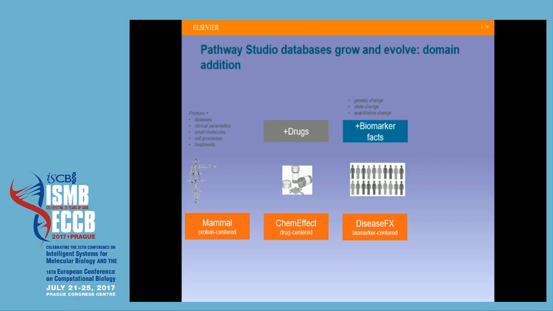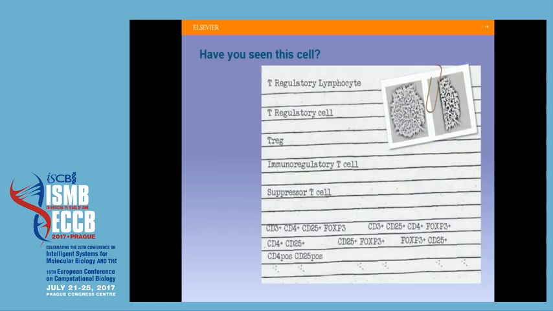More recently, we have this cell effect module, in response to cancer immunotherapy. We're very interested in immune cells and what's going on with them. So we added in the entity cell effects cells, and then a specific relation called cell expression. Cells was not trivial. To give you an idea of what's going on behind the scenes, a T regulatory lymphocyte has a lot of names, and you have to try to find all of them.